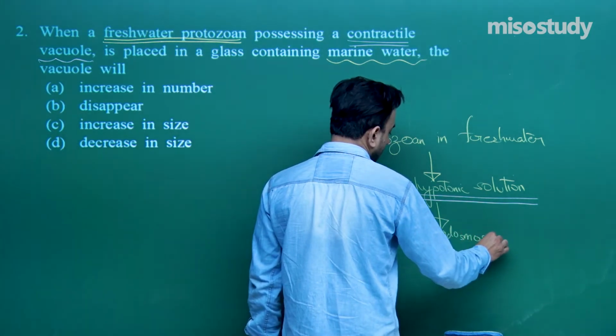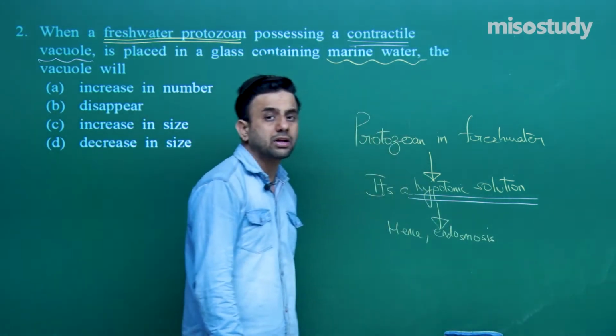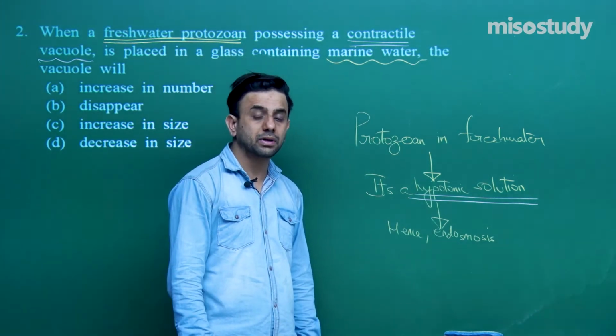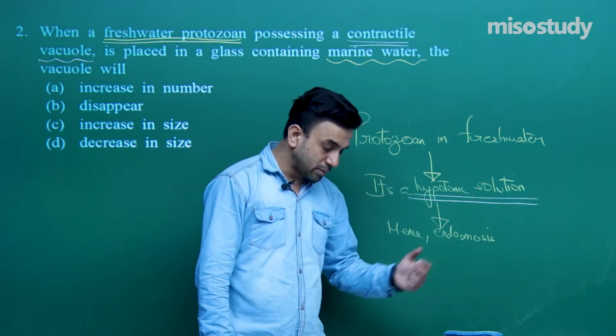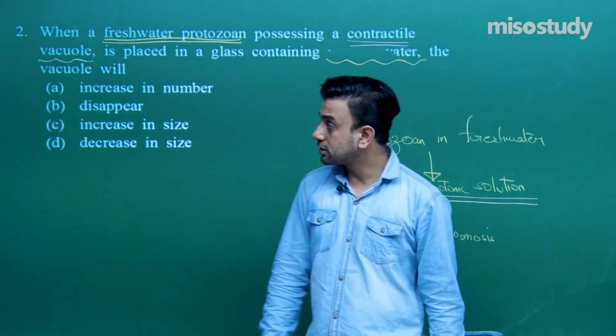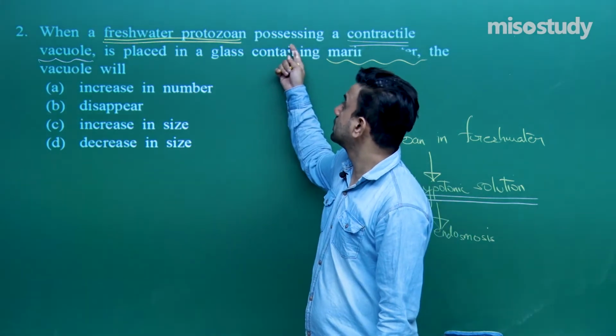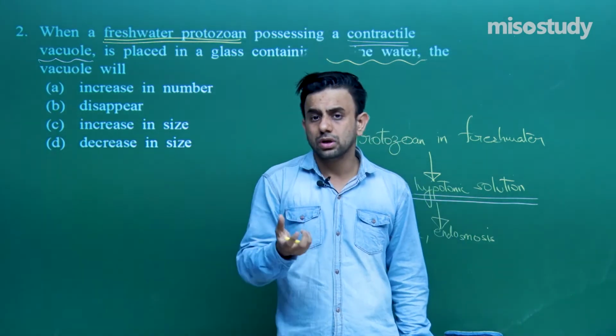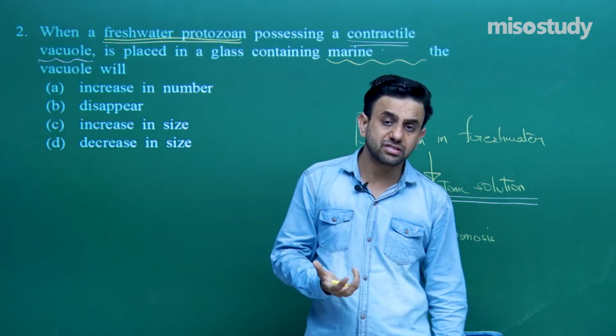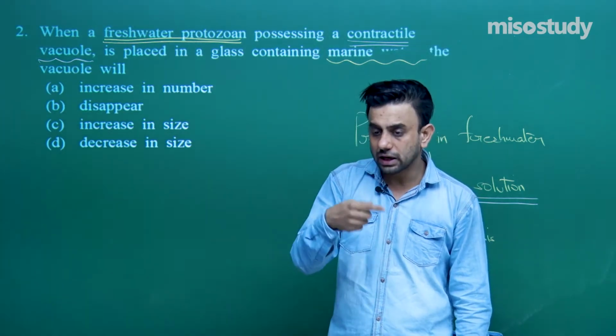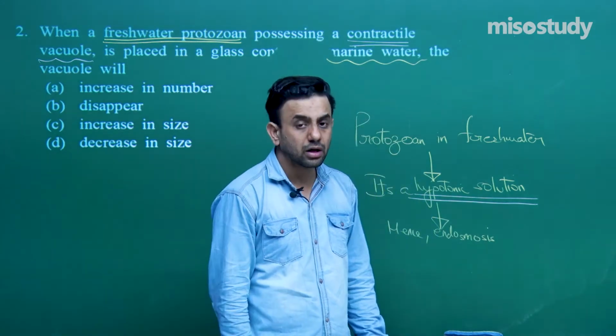Because of this endosmosis, more and more water will come inside, and that is why this freshwater protozoan always possesses a contractile vacuole, so that it can control the amount of water coming inside.